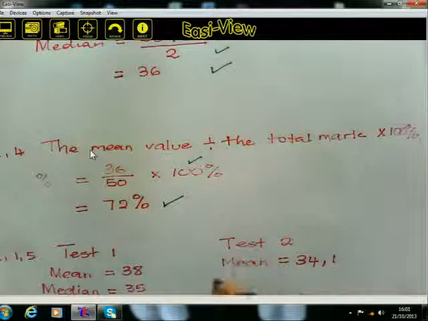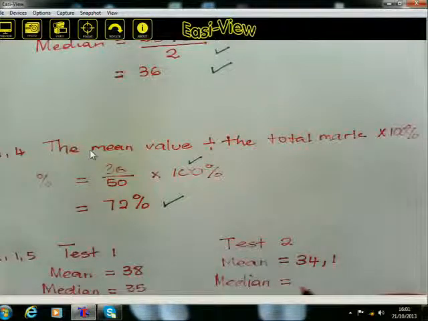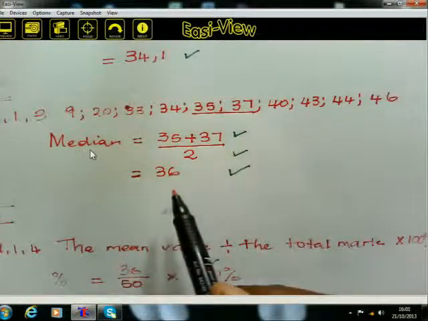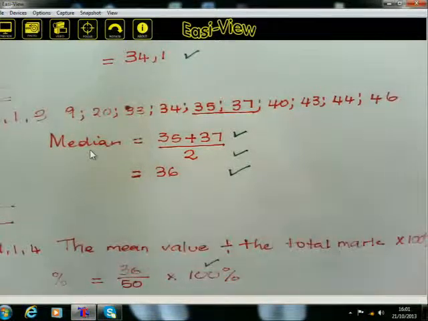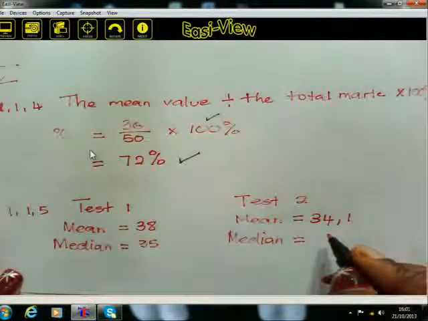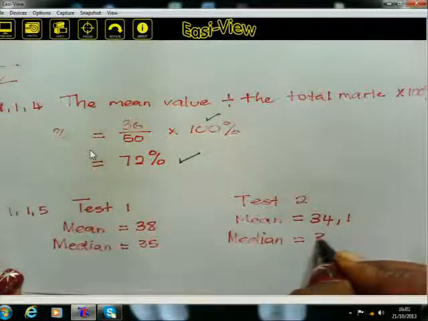Then we should write the median, which is, as you can see, the median for the second test is 36. So now you go back and write a median for the second test, which is 36.